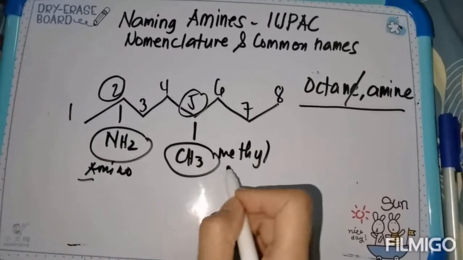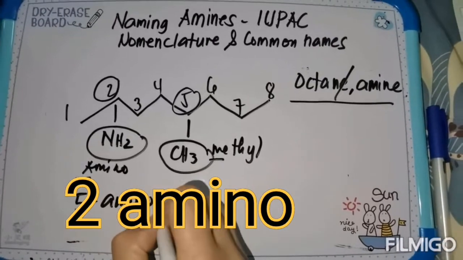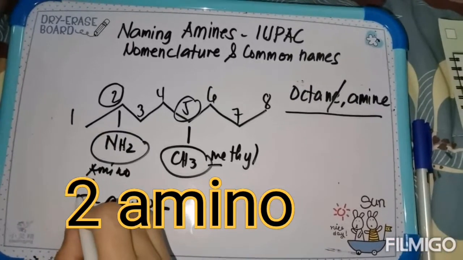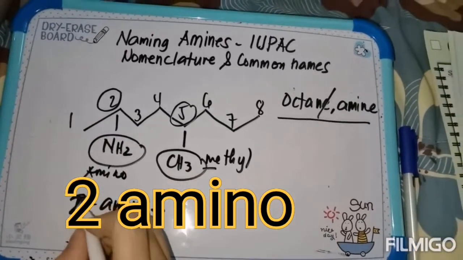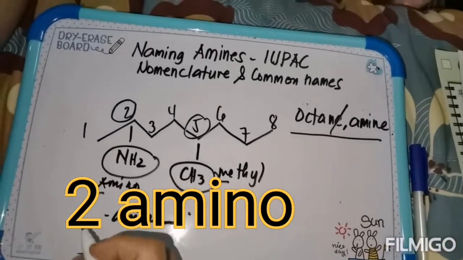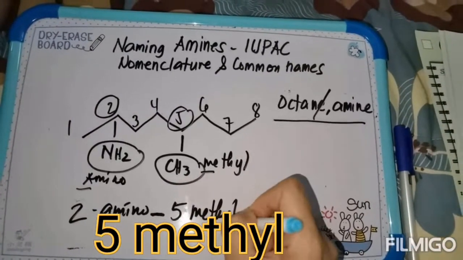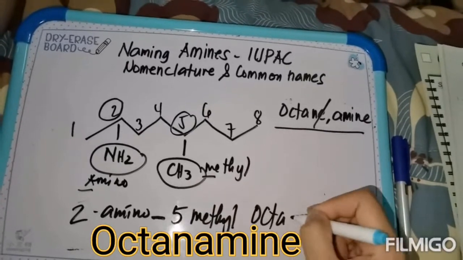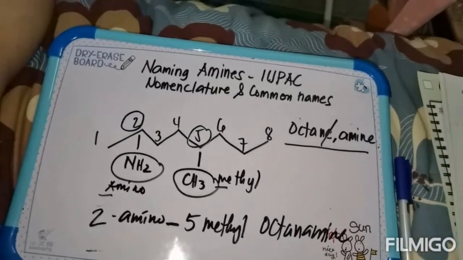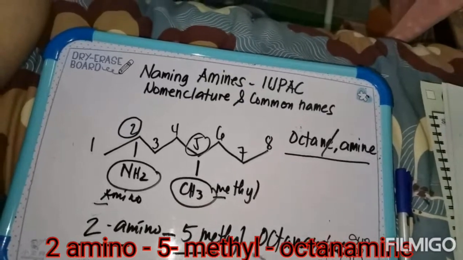So A comes before M, so we are going to name this 2-amino, sorry guys, 2-amino-5-methyloctanamine. Okay, 2-amino-5-methyloctanamine.